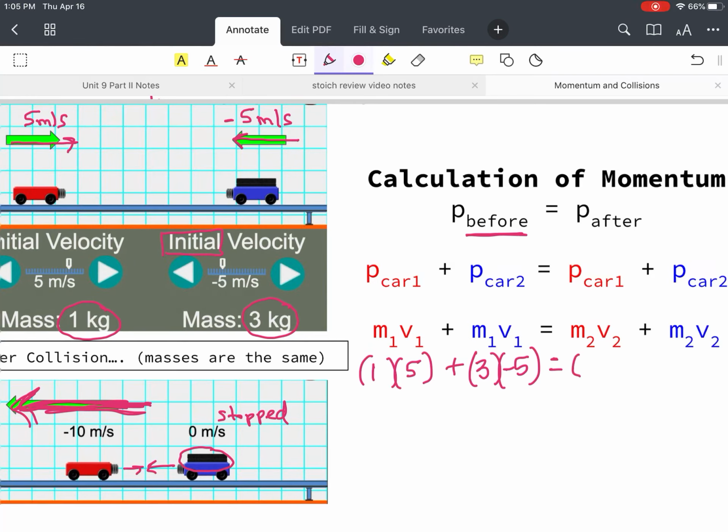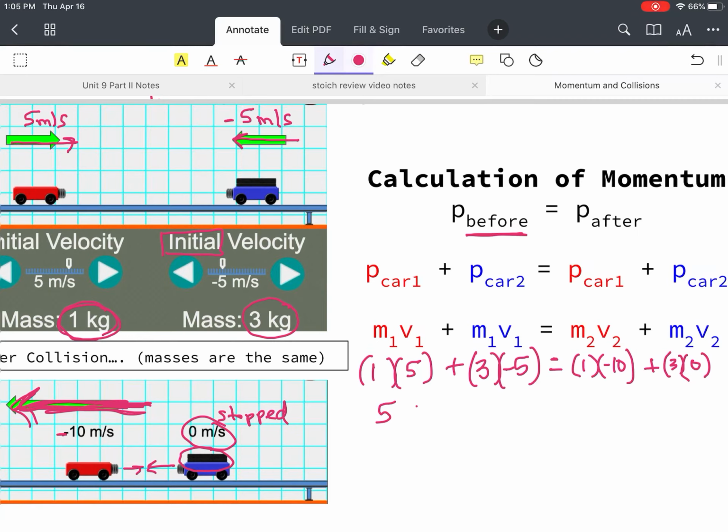Okay, so when I'm plugging in my equations, my mass for my red car, right, is still 1 kilogram. I didn't change anything about my masses. My velocity, remember I have this minus 10. That's just telling me it's going in that opposite direction. Plus the mass of my blue car, which is 3, and the velocity is 0.